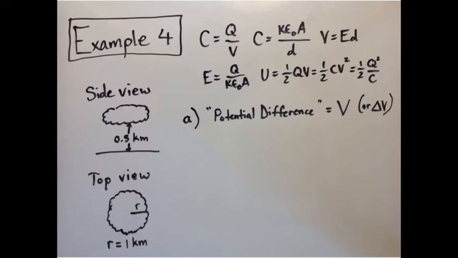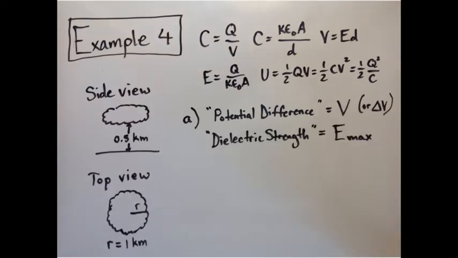So if we want to solve part A, we first have to figure out what they are asking for. The question was, what's the maximum potential difference in order for there to be lightning? When we see the term potential, that should make us think about V. Potential difference is very technically delta V, but that's a distinction I'm not going to get into in this course.